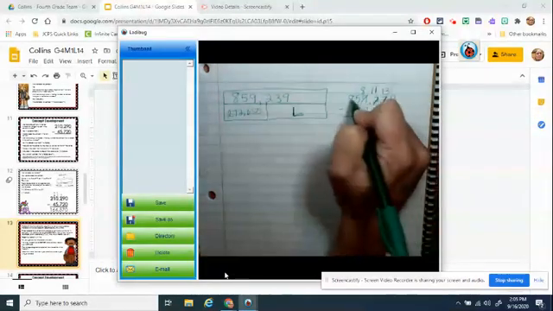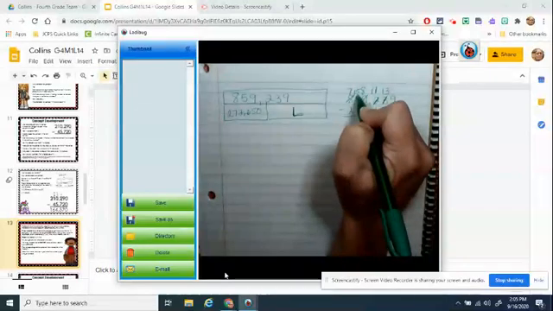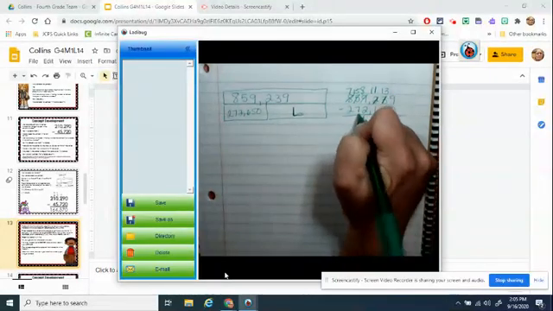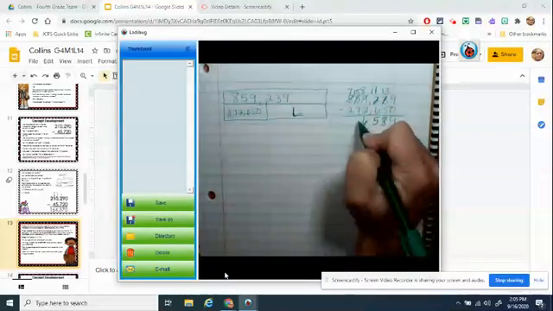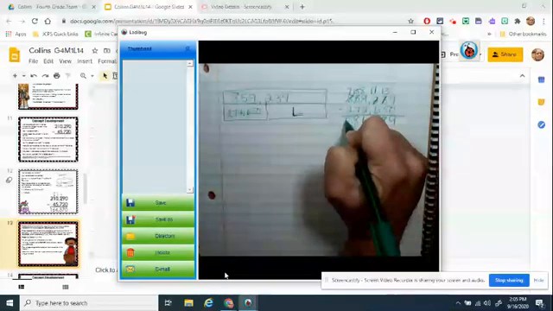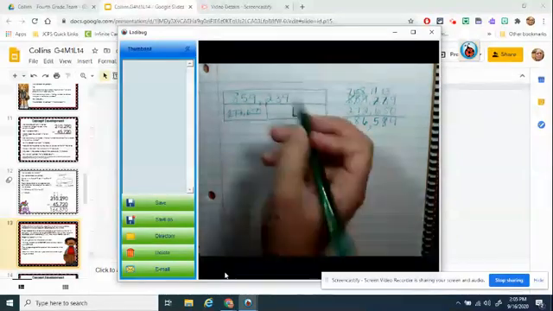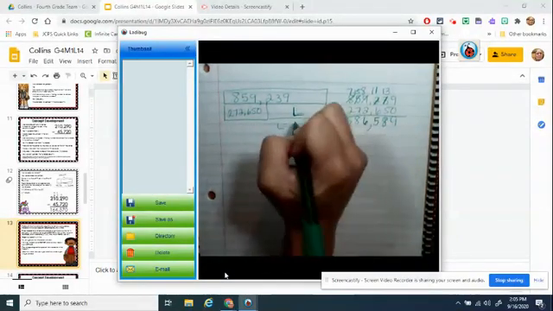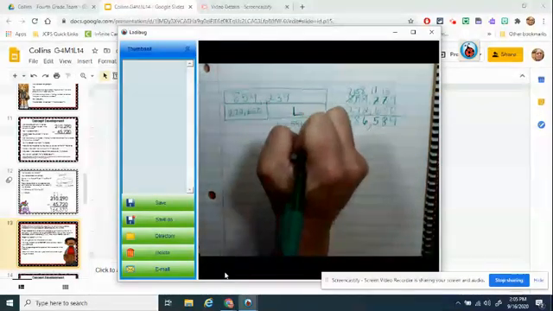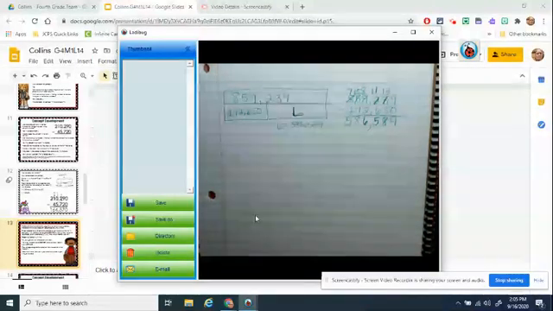But luckily, I can come over to my 100,000s place and regroup. 15 minus 7 is 8. 7 minus 2 is 5. 586,589. So what's left over that Bryce can spend? 586,589 is what is left over that Bryce can spend.